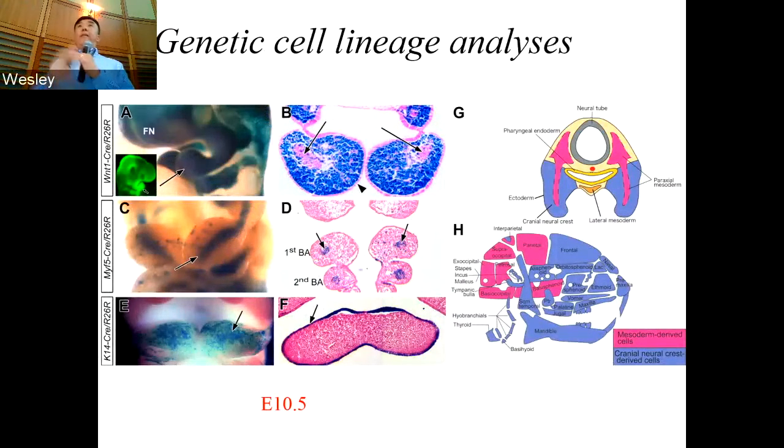So that's gene expression. And then cell fate. We published this a few years ago, looking at the contribution of neural crest-derived cells using the Wnt1-Cre crossed with the Rosa reporter generated in Phil Soriano's lab. And here using the Mesp1, looking at the mesoderm-derived cells in the first arch and the epithelium.